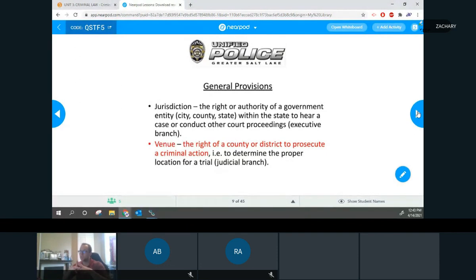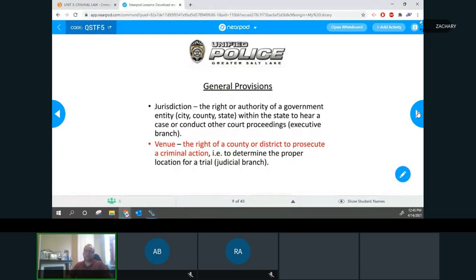They can write a ticket anywhere in Utah. If you are Weber County Sheriff's Office or Utah County Sheriff's Office, you can only write it in Utah County or Weber County, wherever your jurisdiction is. If you're a city, you can only do it inside the city, okay? And that's who it falls to.